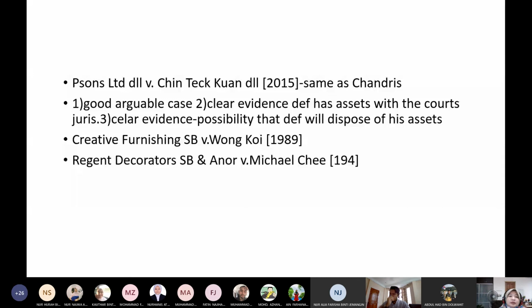Number 3, there must be clear evidence that the defendant will dispose of his assets. Further cases, Creative Furnishing and Wong Koi, and Region Decorators Sdn Bhd and another and Michael Chi 1994, further support these requirements in the Mariva injunction application.